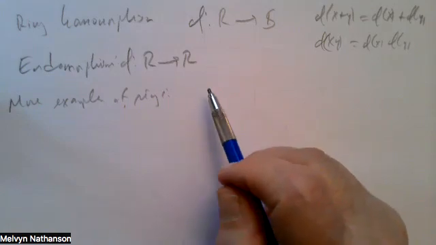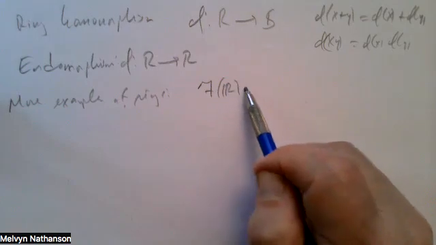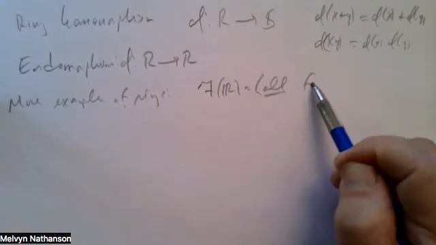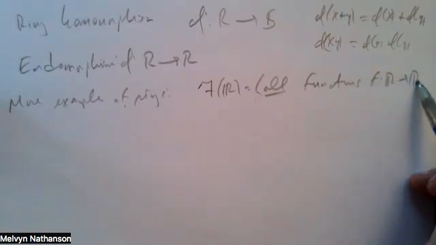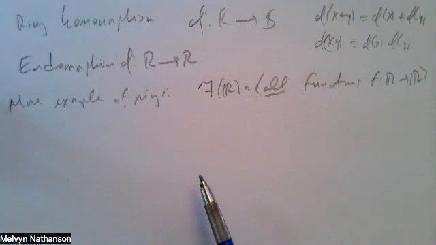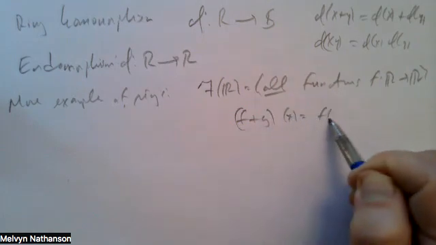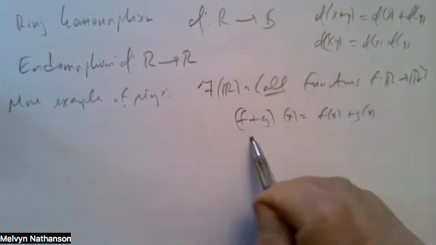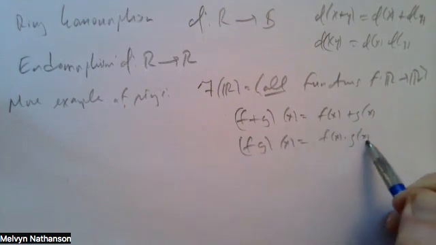Suppose we consider F of R, all functions f from R to R. This is what you study in calculus, functions of the real numbers. And you can add functions. F plus g of x is just defined to be f of x plus g of x. And f times g of x is defined to be f of x times g of x.